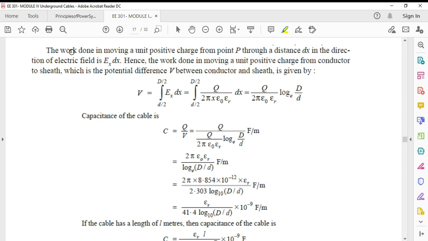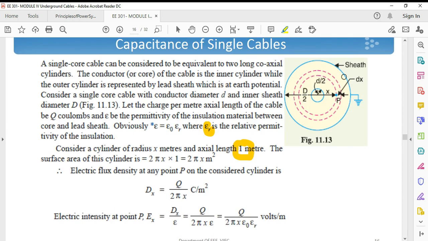Now the work done in moving a unit positive charge from P through a distance dx in the direction of the electric field is Ex dx. Hence, the work done in moving a unit positive charge from the conductor to the sheath is the potential difference V between the conductor and the sheath.